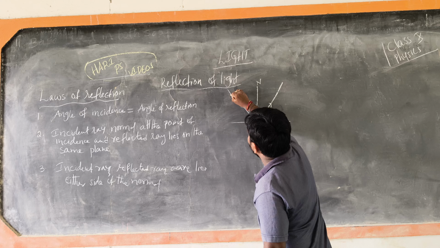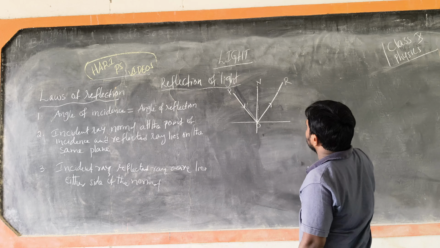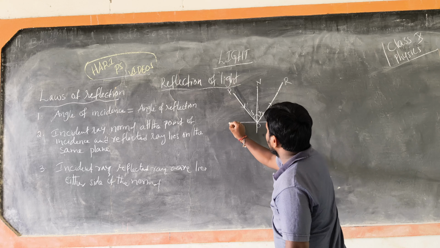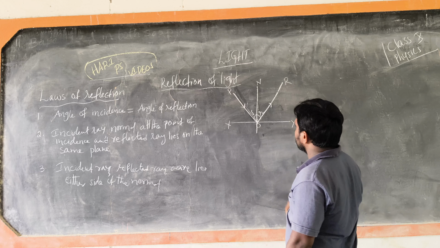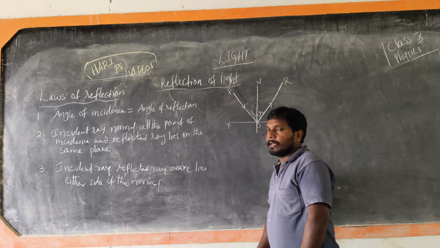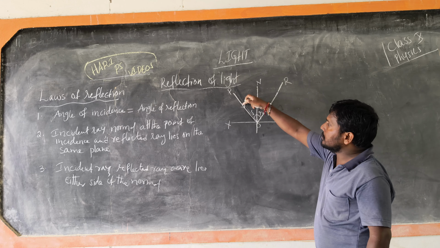Here PO is the incident ray, OR is the reflected ray. Here I is the angle of incidence, R is the angle of reflection. Here X and Y is the plane surface, right? So the first law: angle of incidence is equal to angle of reflection. The angle between the incident ray and the normal is called the angle of incidence.